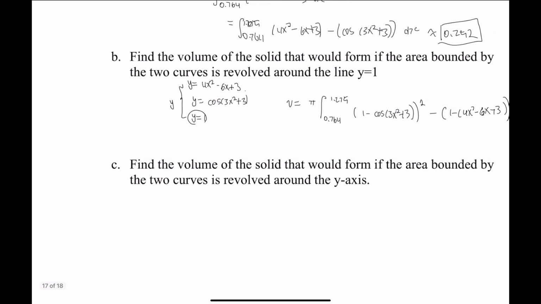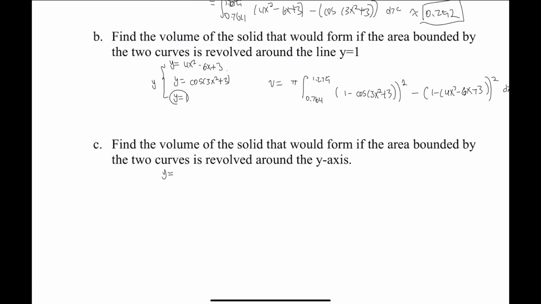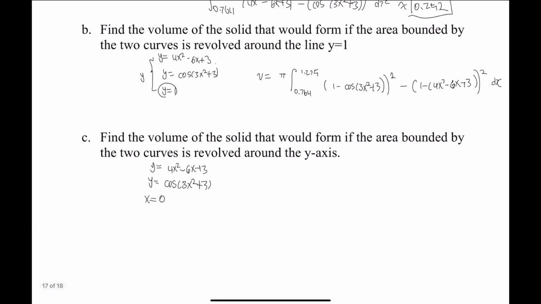In this case, the functions are all written in terms of x, but the line is actually x equals 0. So we're revolving around x equals 0, which is not in the same terms as all of the functions that we have. So that means that we need to use cylindrical shells.